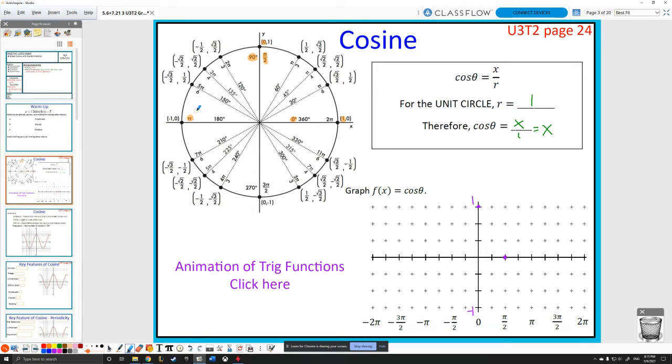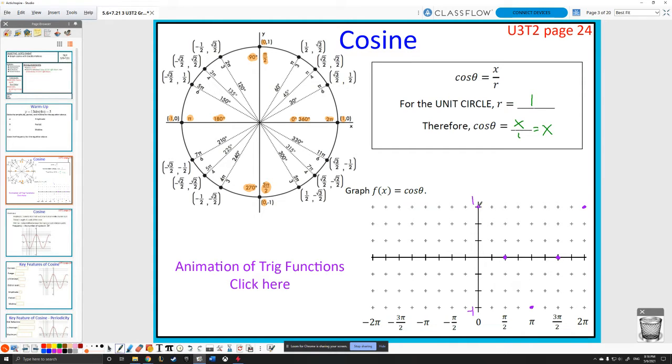Then as we rotate to pi or 180 degrees, my x value is -1. That's down here. Another 90 degrees, or pi over 2, I'm at 3 pi over 2 or 270 degrees, and my x value is now 0. And as we rotate one more time back to 360 or 2 pi, my x value is once again 1.